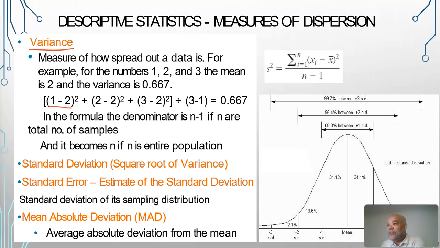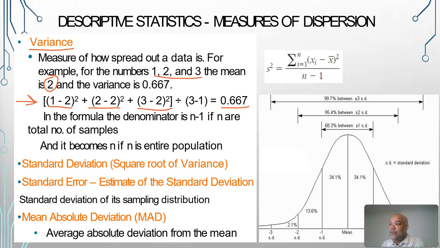If we use the numbers 1, 2, 3, the mean is going to be 2. So how far off is each of these numbers from 2? This is the equation we use to compute that, and in this case our variance is going to be 0.667.